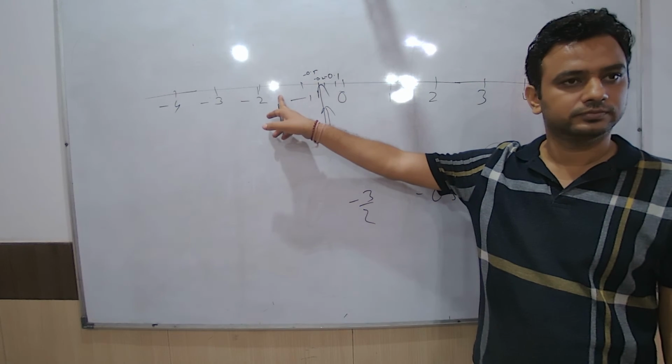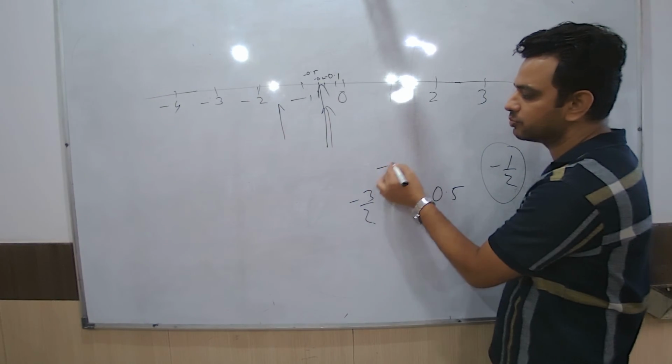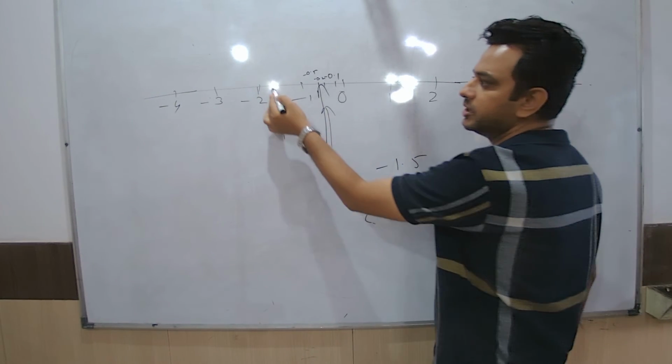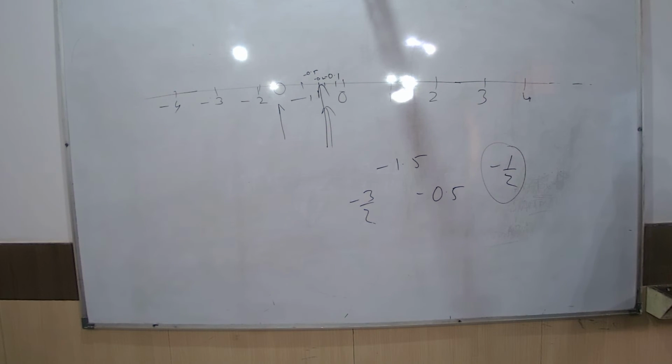After 3 minus or here? So actually it's a minus 1.5 na? So it will be in between. Right? होगा ना? Yes. आ गया ना? Got it?